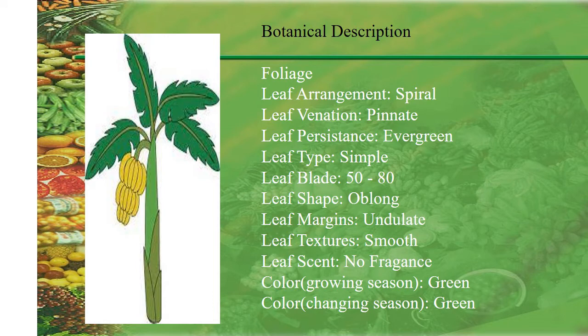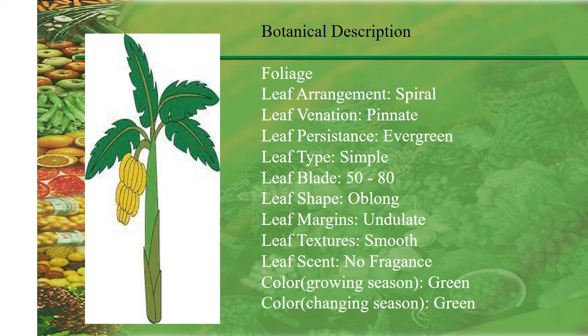Botanical description, foliage. Leaf arrangement, spiral. Leaf venation, pinnate. Leaf persistence, evergreen. Leaf type, simple. Leaf blade, 50 to 80. Leaf shape, oblong. Leaf margins, undulate. Leaf texture, smooth.